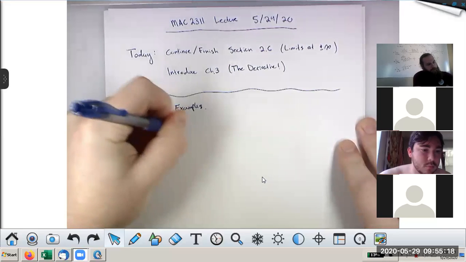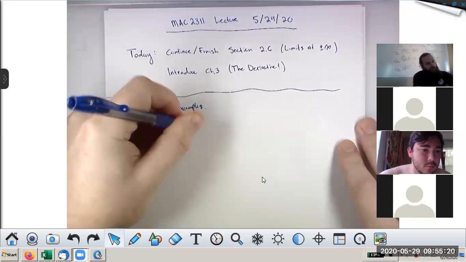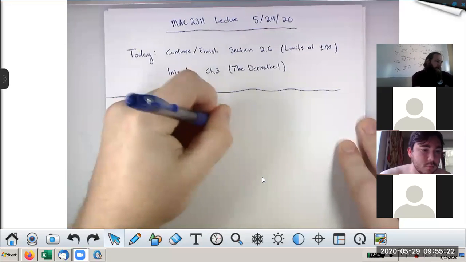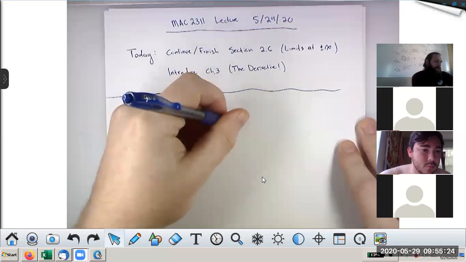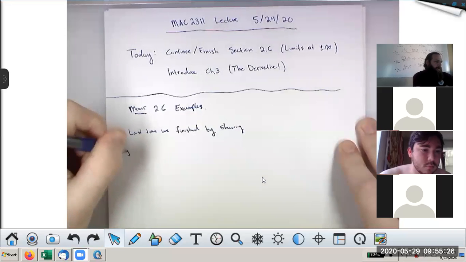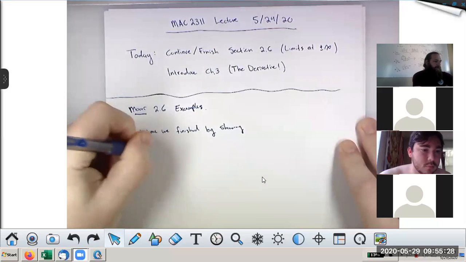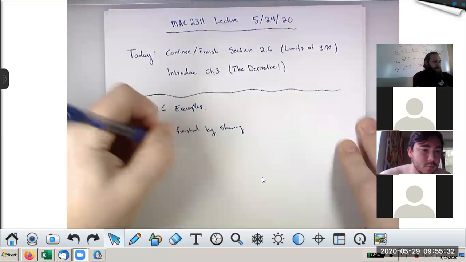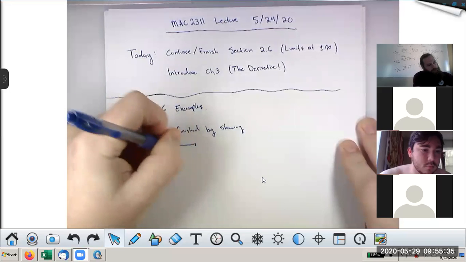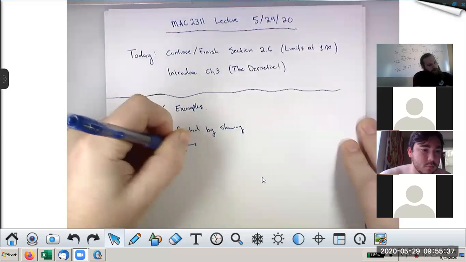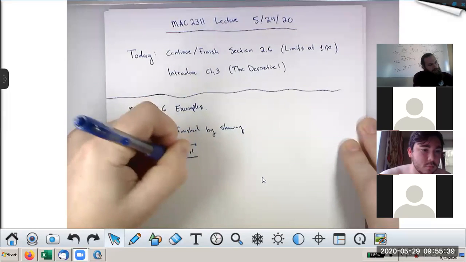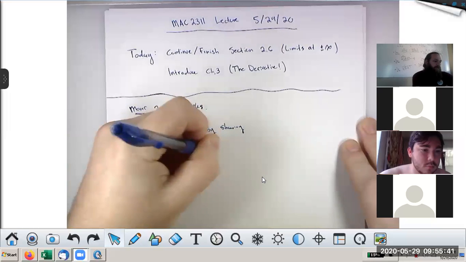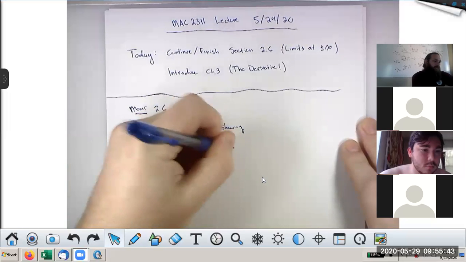Okay, so last time we finished by showing, and it was an example, the limit as x goes to positive infinity of the square root of 2x squared plus 1 over x was equal to the square root of 2.